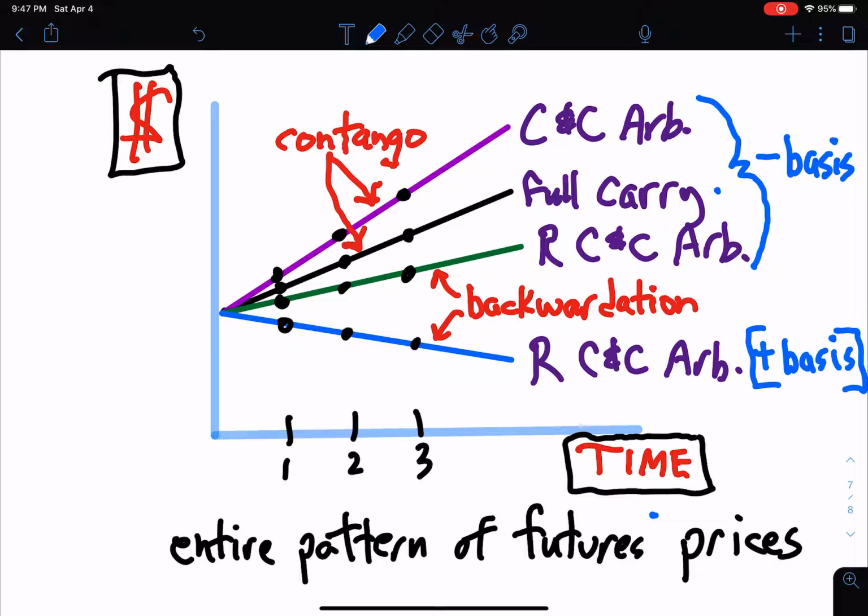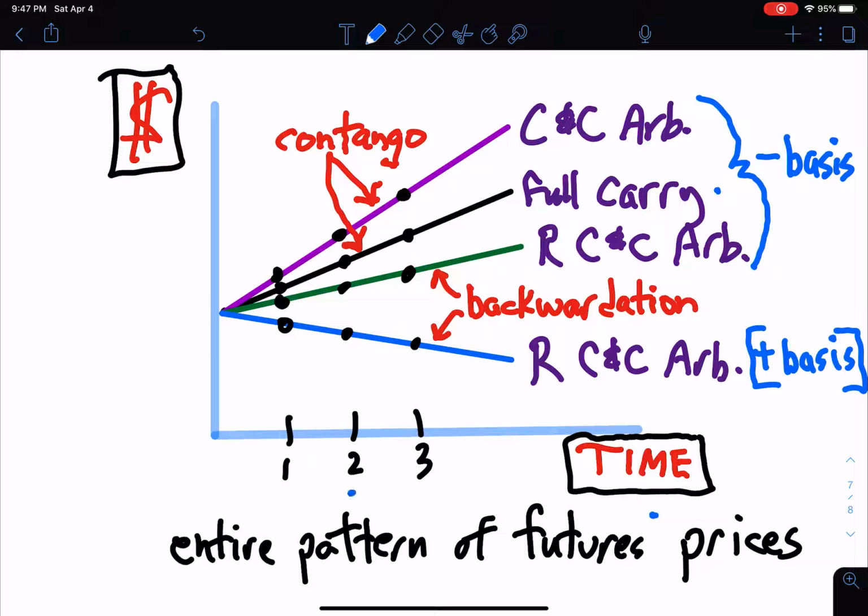In other words, the futures price along this black line is equal to the spot price plus carrying cost per unit. Now, on the time axis, the 1 refers to the amount of time until this futures contract has delivery as a possibility.